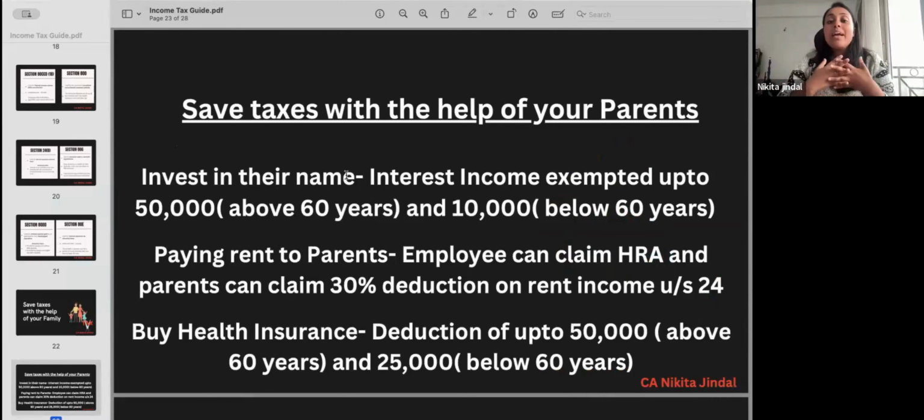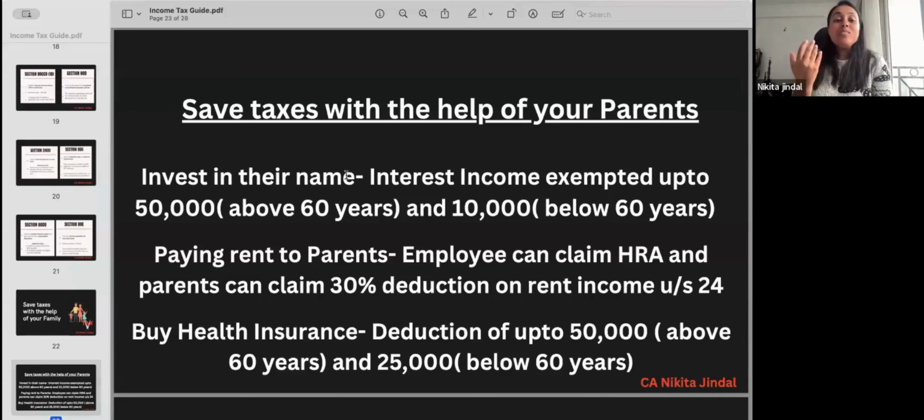For example, if your parents are over 60 years, they can claim a higher exemption limit, that is 3 lakh, and in your case it is 2,50,000. So you can park your funds, gift your funds to your parents, and invest in their name. They get a higher exemption limit, and the interest income is also exempted.